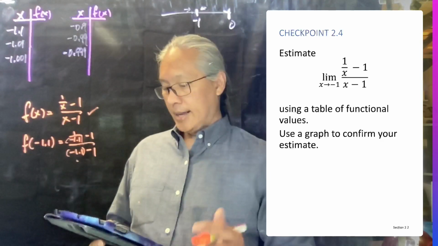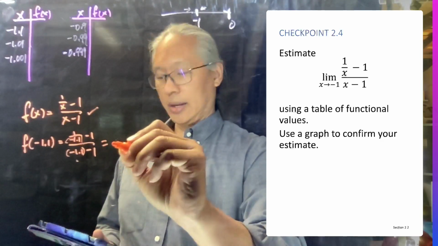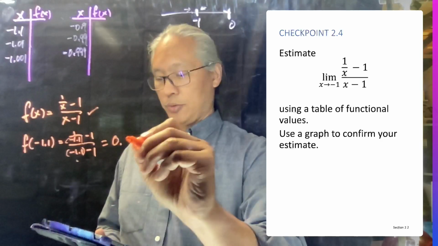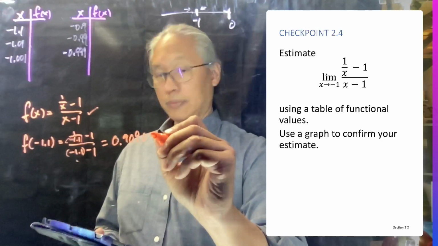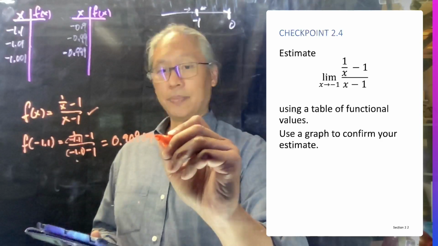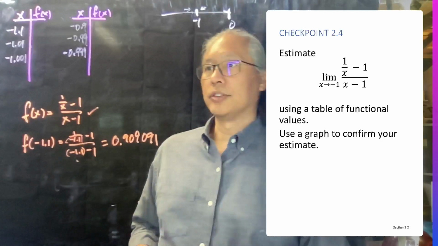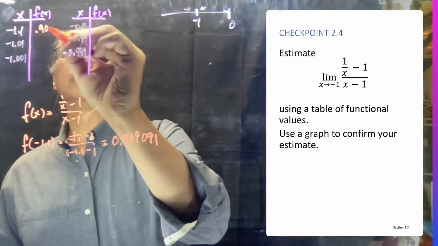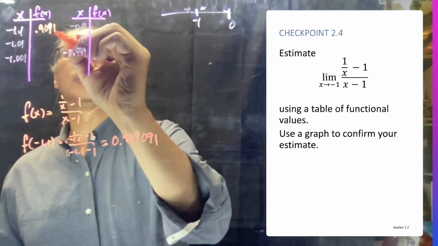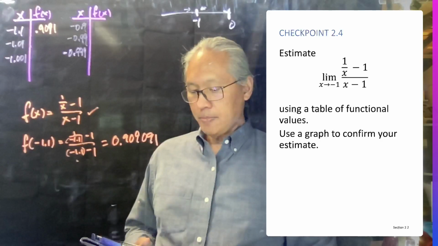So I got for this one, not negative, I'm sorry, 0.90909. I guess it goes on forever, so it just stops here, and that's my first value. So let's just put 0.9091, just to round out the 4 decimal places.